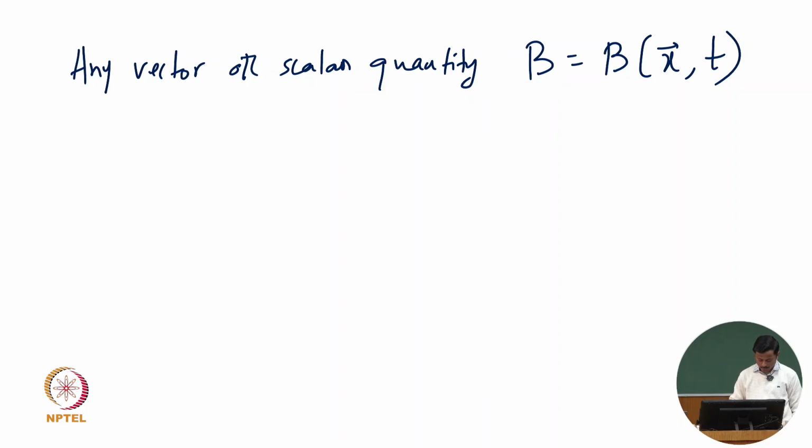So this is what we are going to do now. We're trying to find a form of the acceleration of any quantity in the Eulerian frame of reference. So next we derive a form of the acceleration.